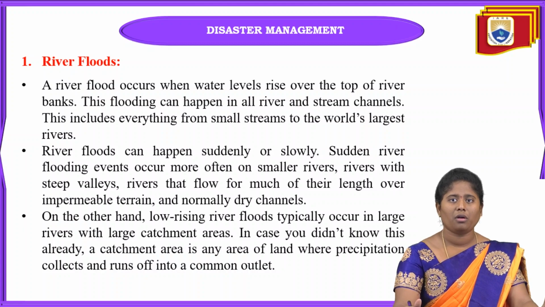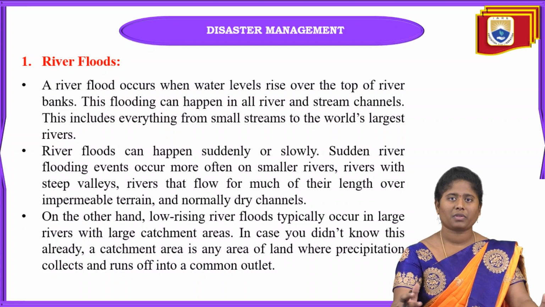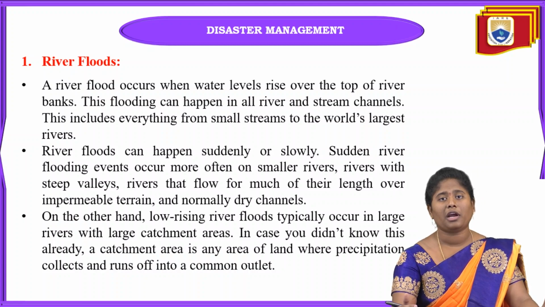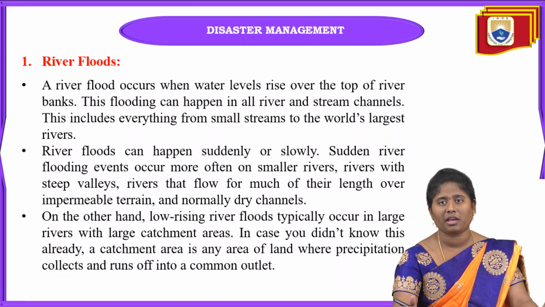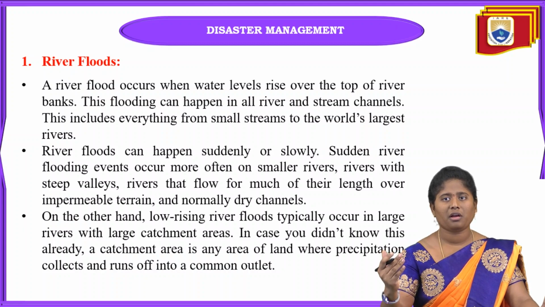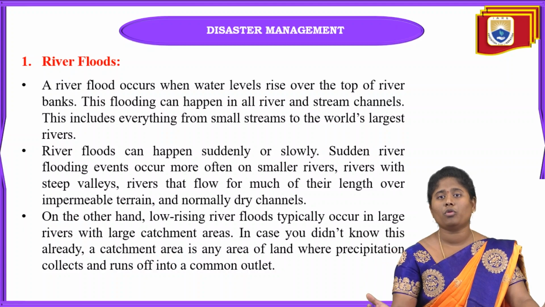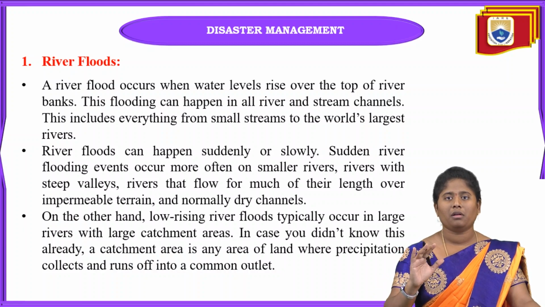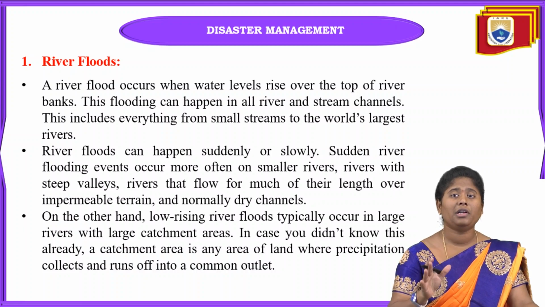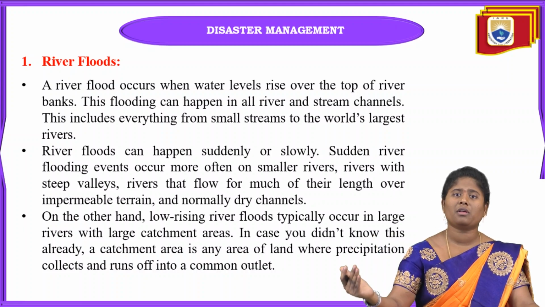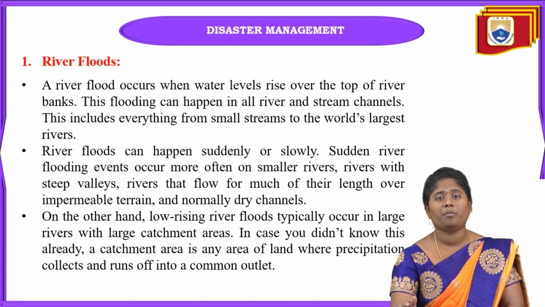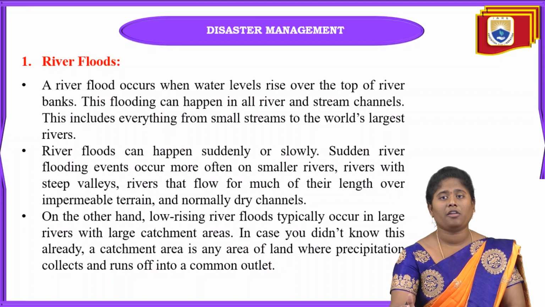When rainfall is heavy in those low-lying areas, and excess water passes on to this catchment area, that catchment area will be filled with water. Then what will happen? It will just run off from that area. That's why these river floods can happen, where the precipitation is very heavy and there is runoff into the common outlet also.